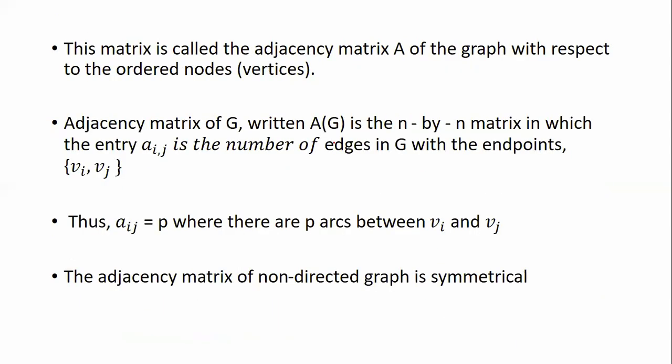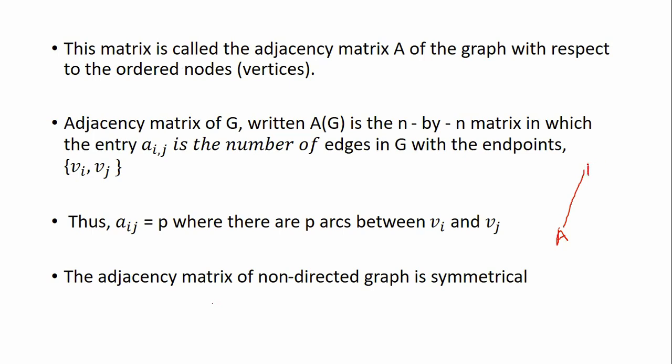I've explained all this. Now, if you have an adjacency matrix for non-directed graphs, the matrix we get will be symmetrical. Why are we saying this? If you have an edge, let's say AB, AB is the same as edge BA.